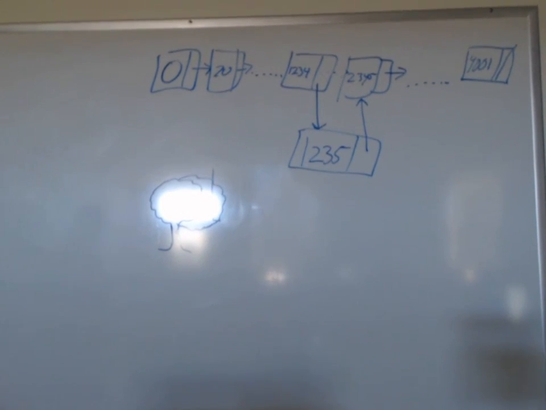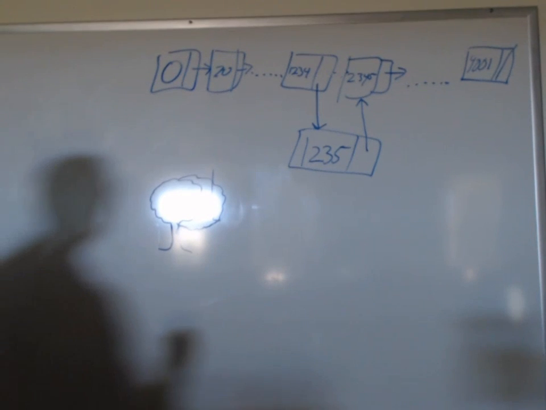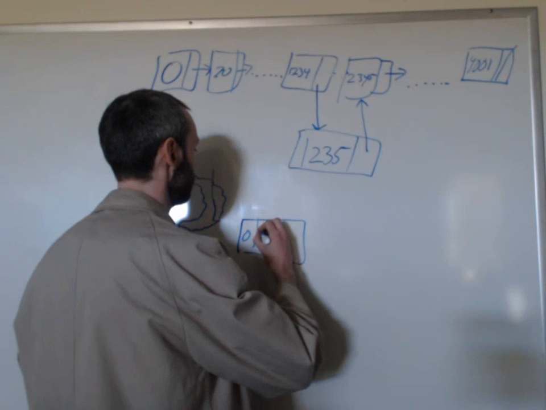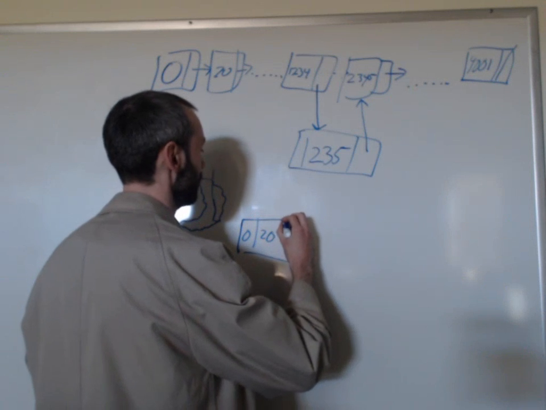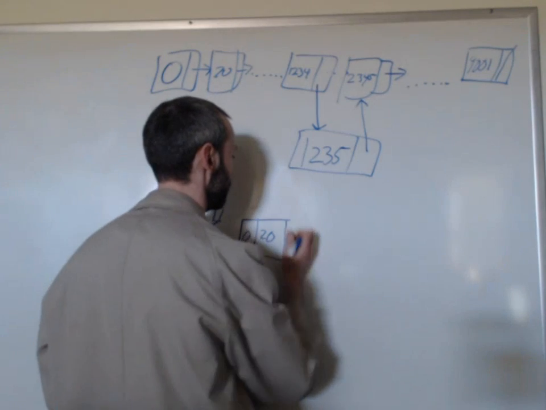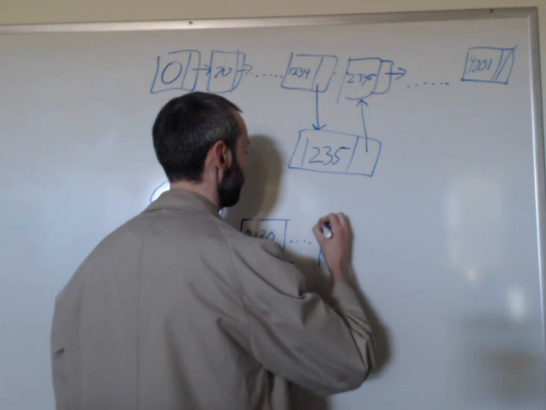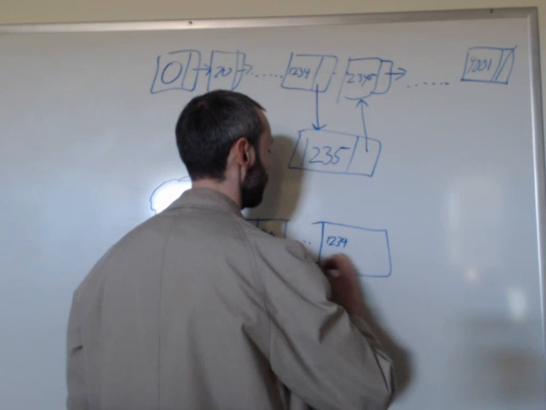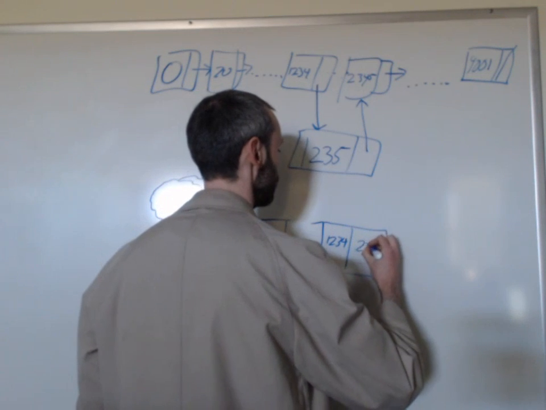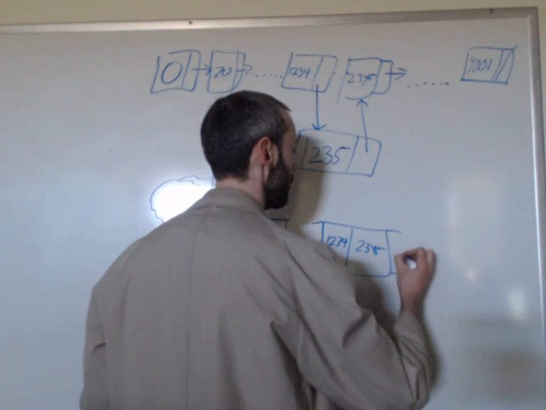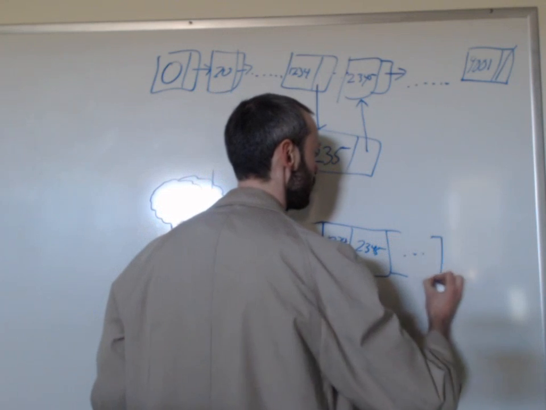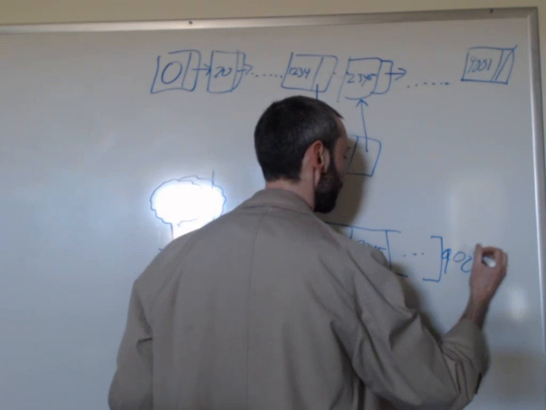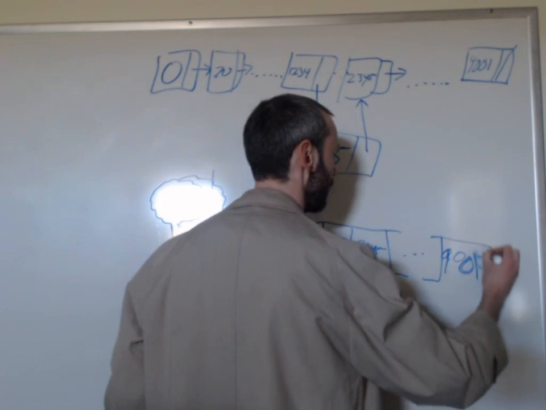Well, if you had this as an index, you have 0, 20, then 1, 2, 3, 4, and then 2, 3, 4, 5, and then 9,000.